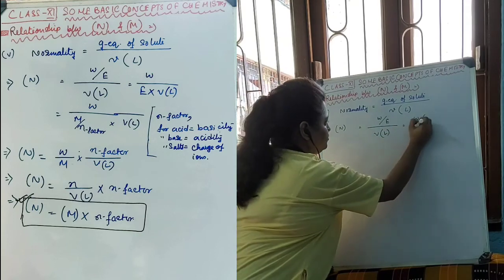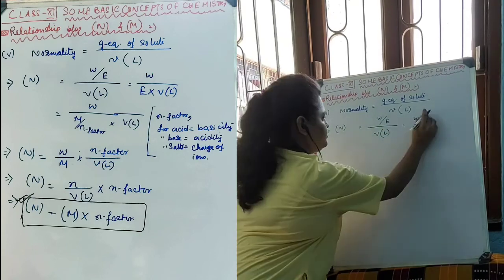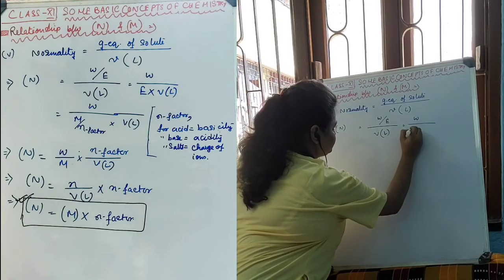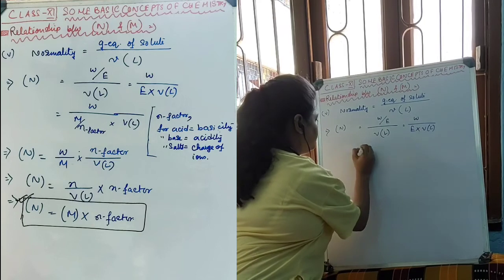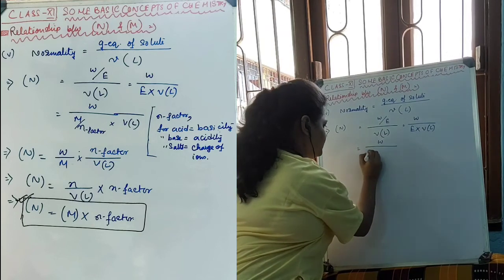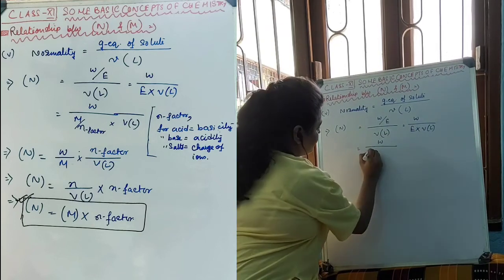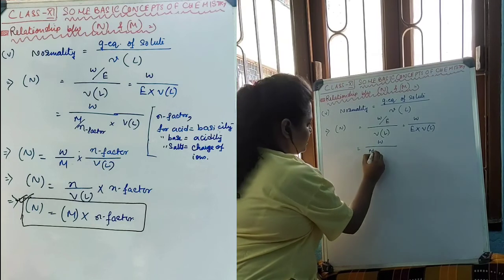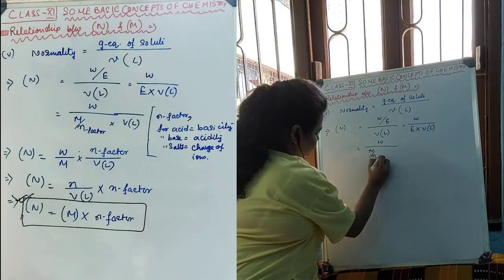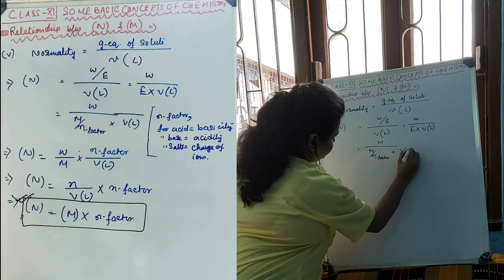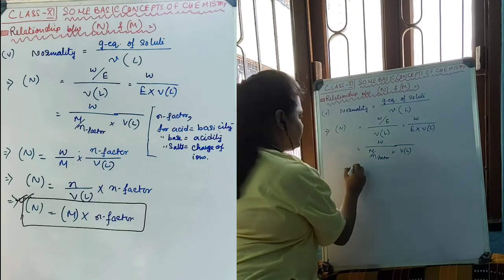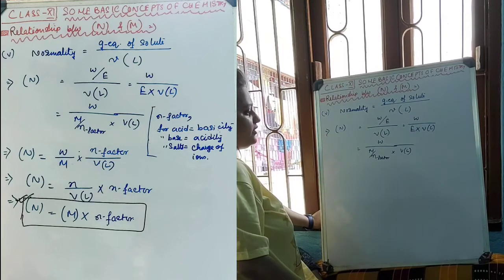Now, W by E can be written as E multiplied by V in liter, where equivalent mass is given by molecular mass M by N factor, multiplied by V in liter. This is the equivalent mass equation.